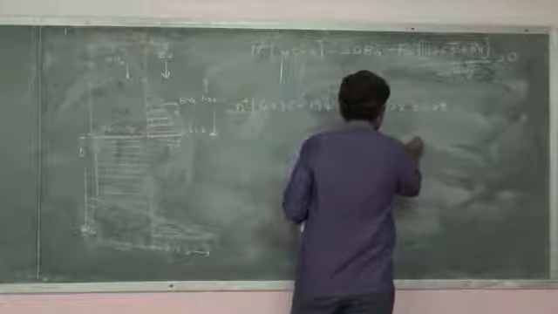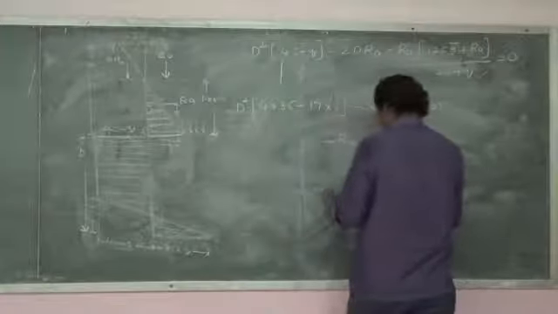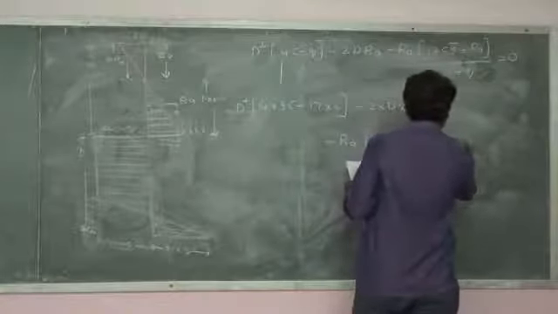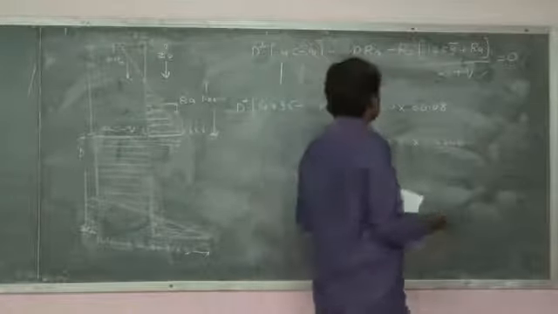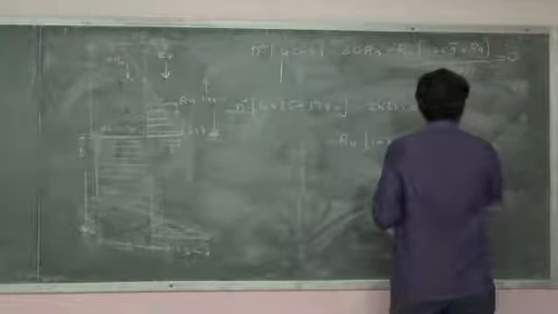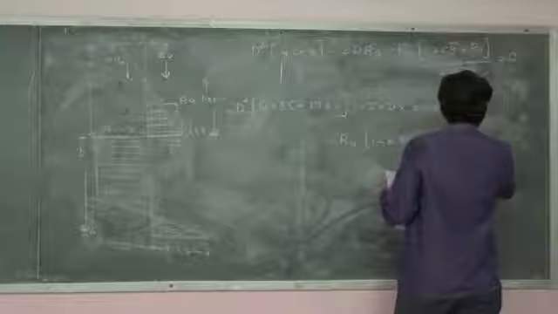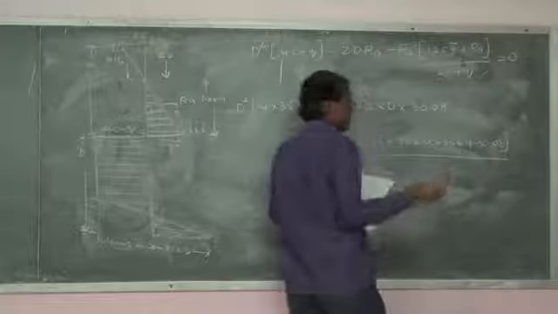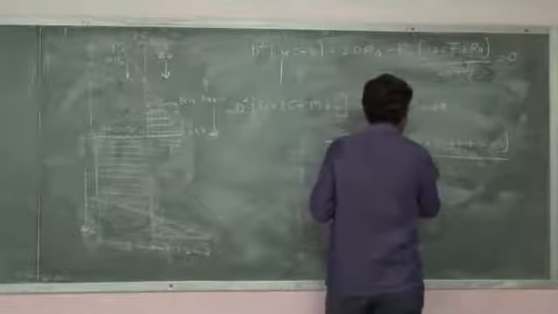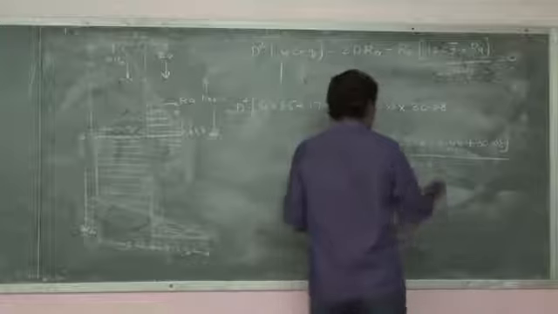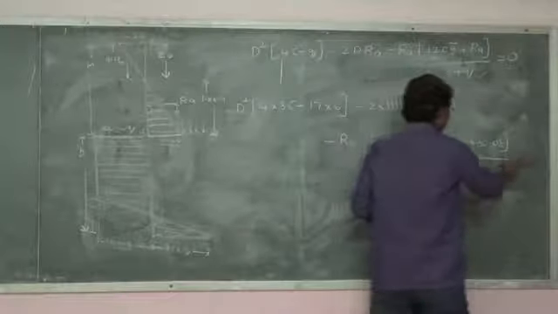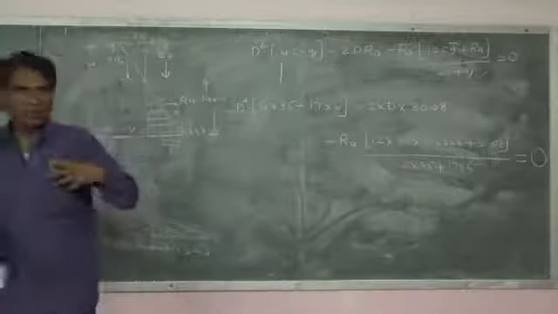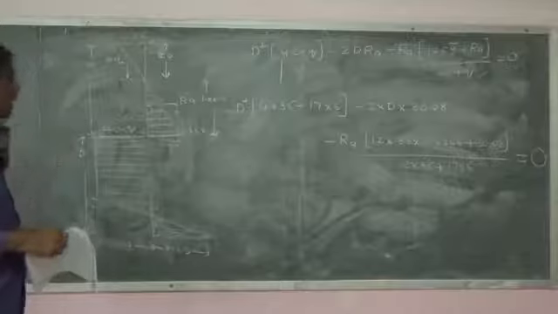C is 35. Y bar we just calculated, and Y bar is 0.6266, plus RA, and RA is 30.08. This is divided by 2C plus Q, that is 2 into 35 plus Q is 17 into 6, and this equation is equal to 0. See here, each and everything is known.